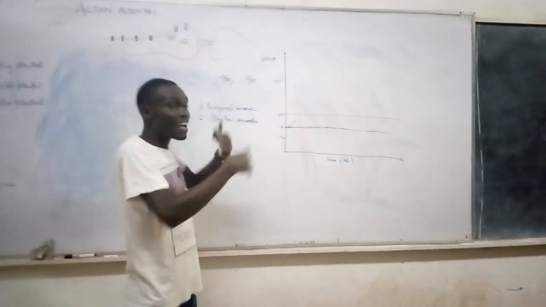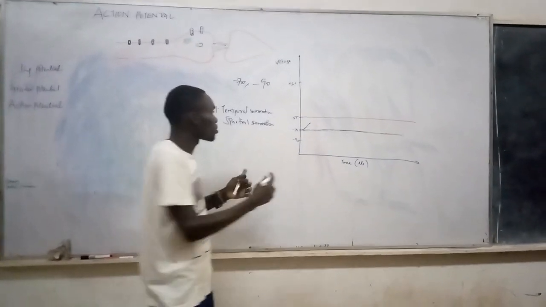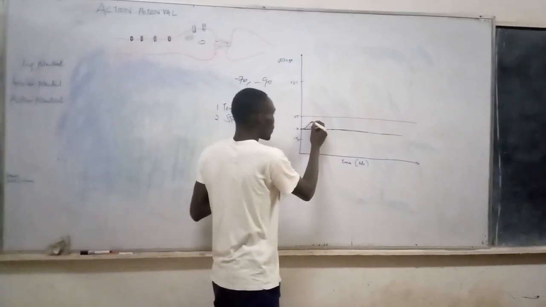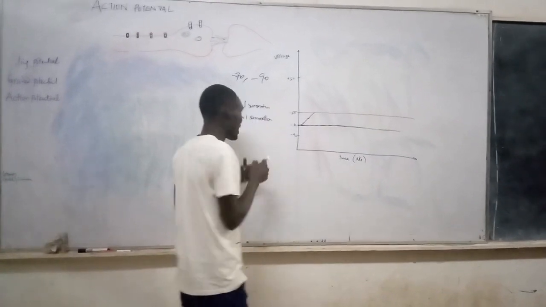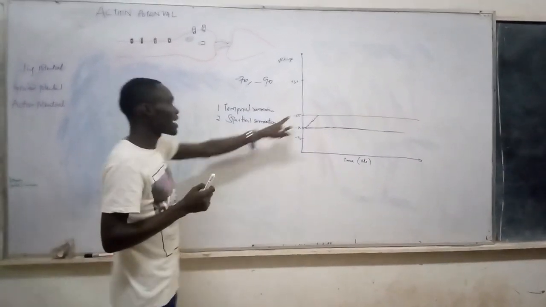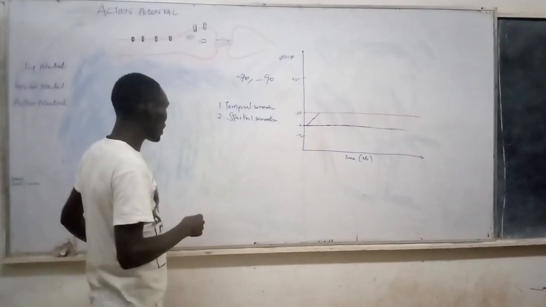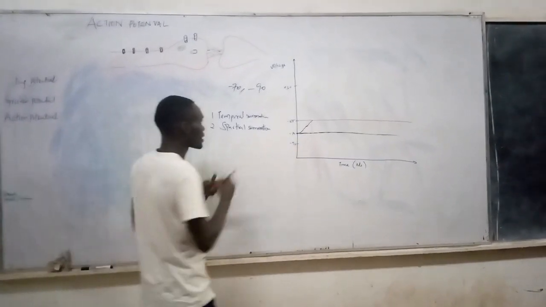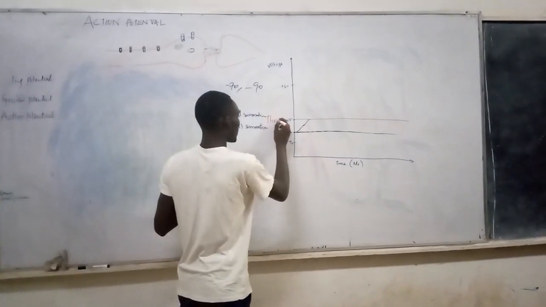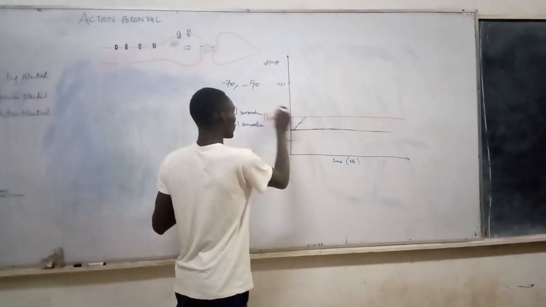But where there are enough repeated signals, the membrane goes to negative 55. Negative 55, we call this the threshold.